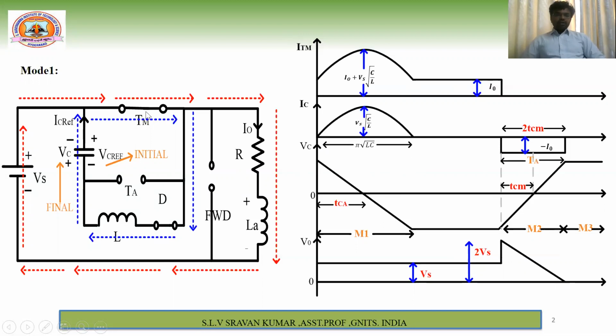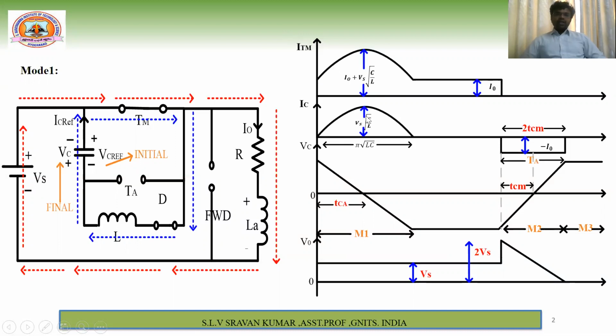But because in thyristor Tm two currents are flowing, one the load current and the other the capacitor current, the thyristor current is I0 plus Vs into root C by L. This part is I0, if you take this line here. Vs into root C by L is the maximum capacitor current.